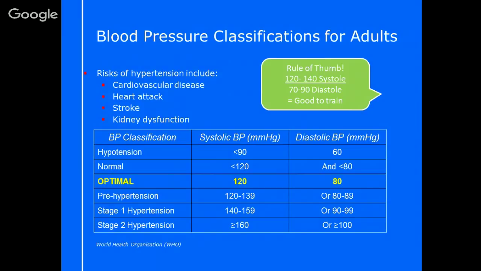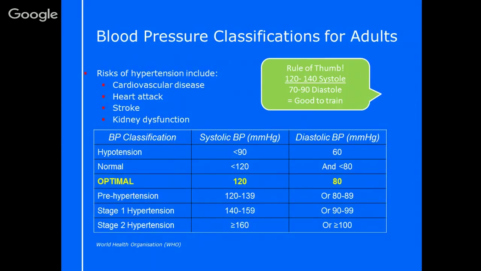If they're below that, it's what we call hypotension. It means that someone's got really low blood pressure. Now, low blood pressure isn't a reason not to work with someone. However, it is a reason for concern, especially if it's very low, because they'll have things like head rush when they get from the floor up to standing.